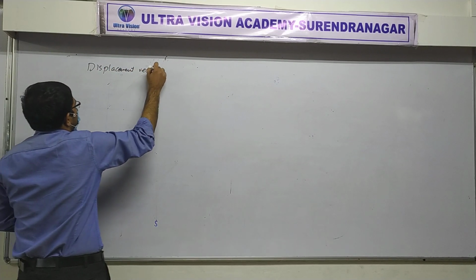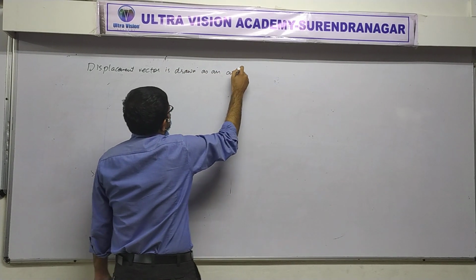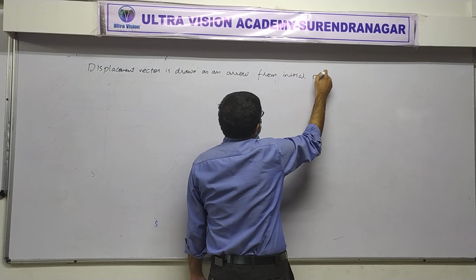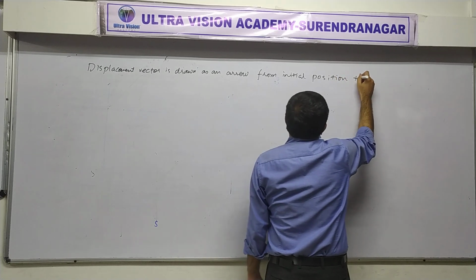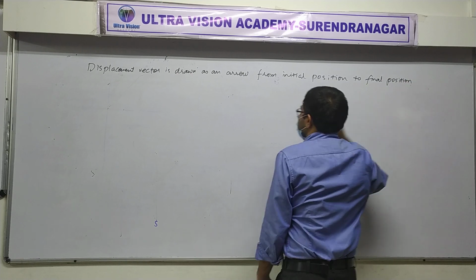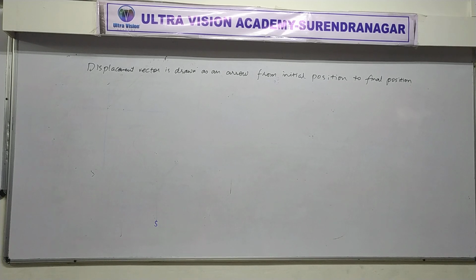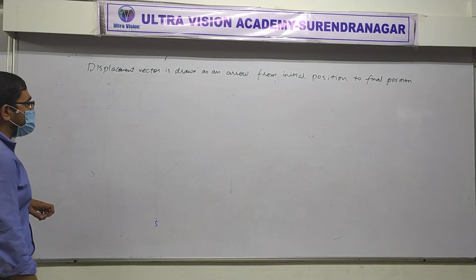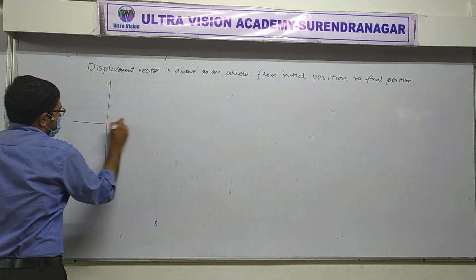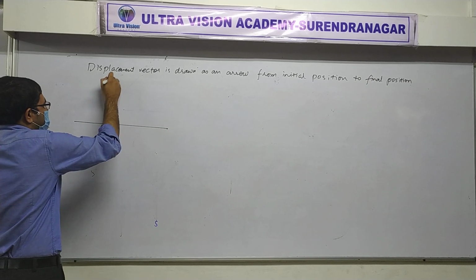Displacement vector is drawn as an arrow from initial position to final position. That's it, very simple. Displacement vector will always be drawn as an arrow from initial position to final position. See, here is the origin again, spying on the terrorist.